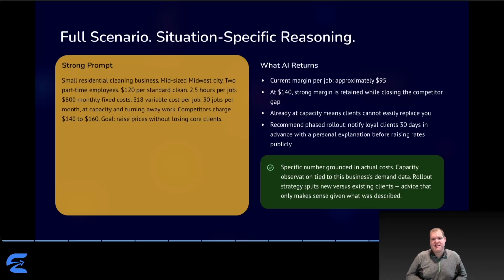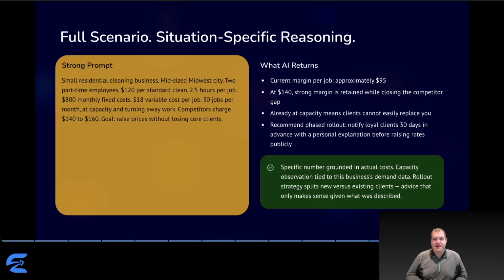The scenario replaced the average with a specific match. The capacity observation that this business is already at capacity isn't generic insight. It's directly tied to what was described in the prompt. And it changes the strategic logic entirely. A business with open slots should price differently than one turning away work.